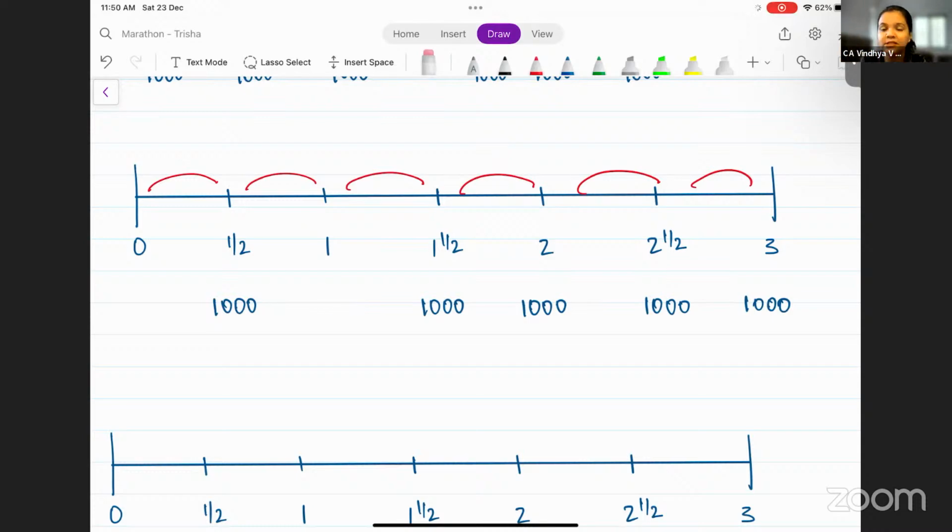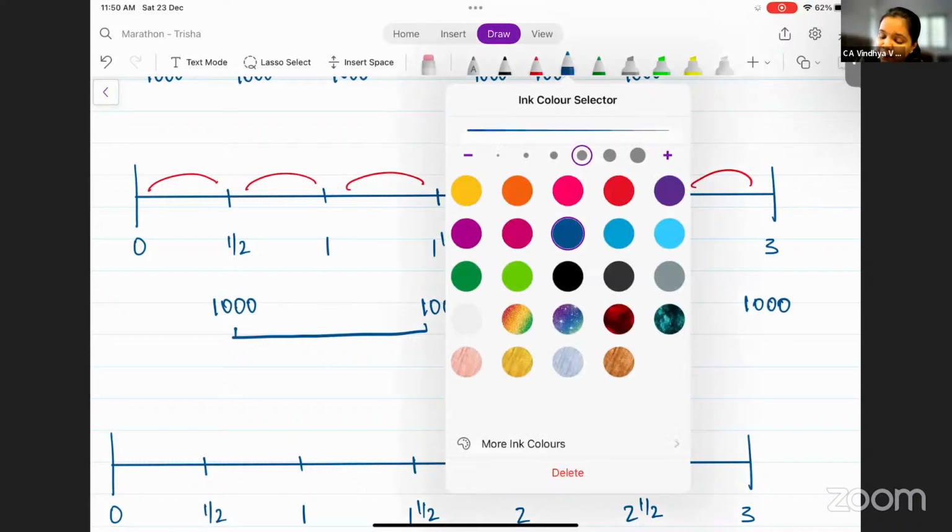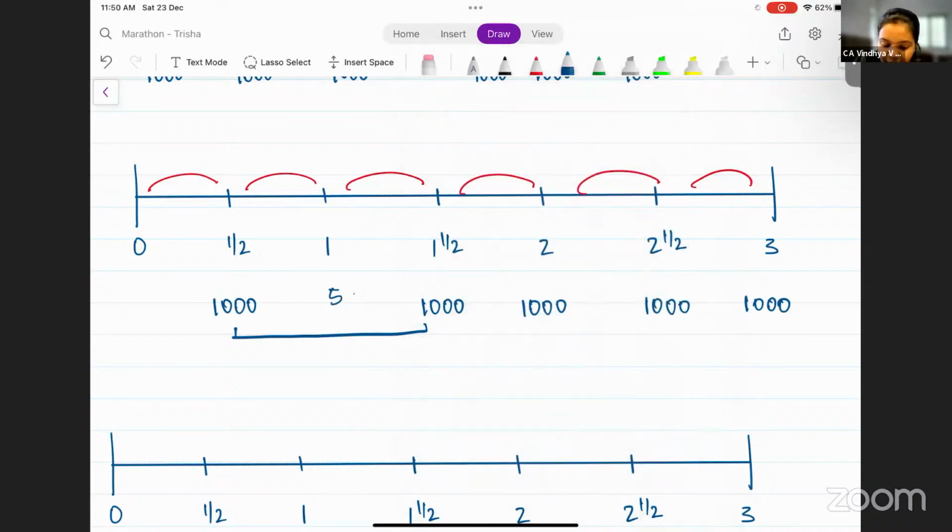Had I not deposited this 1,000, would it be an annuity? Why? Because here the interval of time would have changed. Had I deposited 500 instead of 1,000, would this be an annuity? No. Why? Because the value is different. So when do you call something an annuity? When equal sum of money is deposited or withdrawn at equal interval of time.